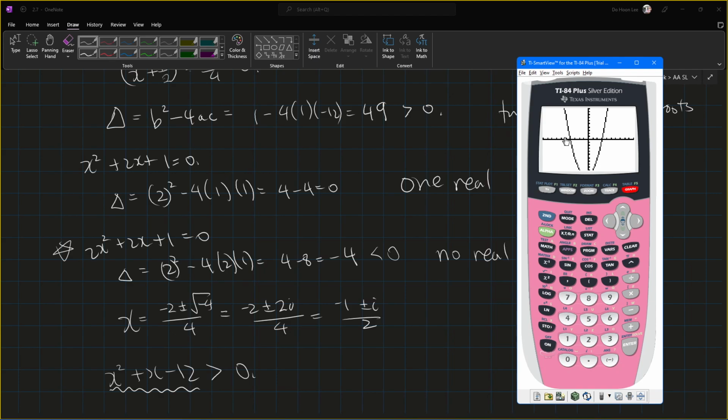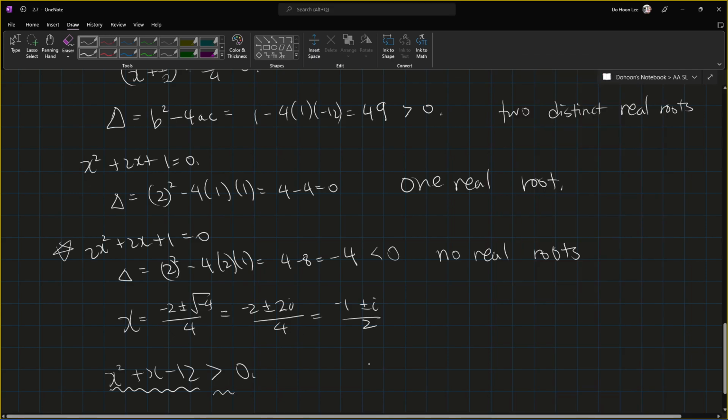So from here, I can conclude that if x is less than negative 4, or if x is greater than 3, then this inequality holds true. The line here is above the x-axis. So I know that x has to be less than negative 4, or x is greater than 3. Whether it's less than or greater than, or less than or equal to and greater than or equal to, depends on the original inequality.